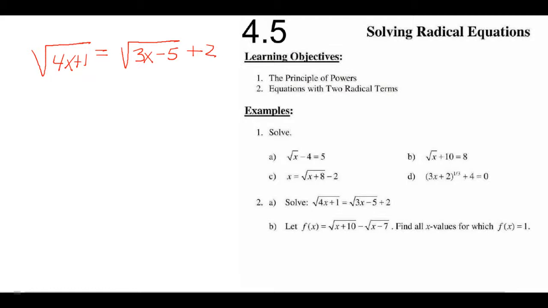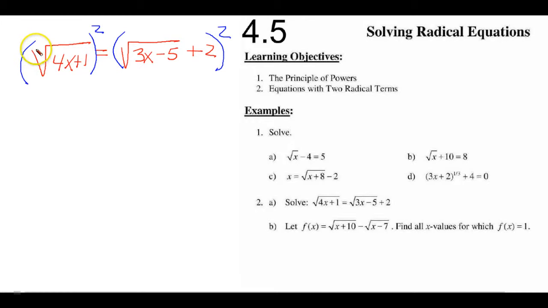Now what we need to do here, again, we have a radical on this side and a radical on this side. So we can't isolate it any more than that. We've isolated one, which is the way the problem is set up. So we're going to square this side and we're going to square this side.